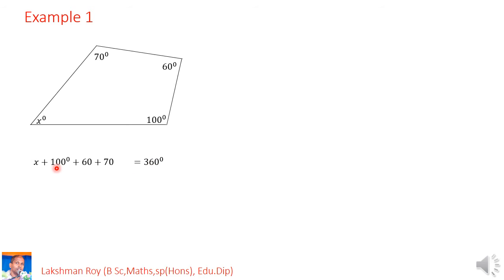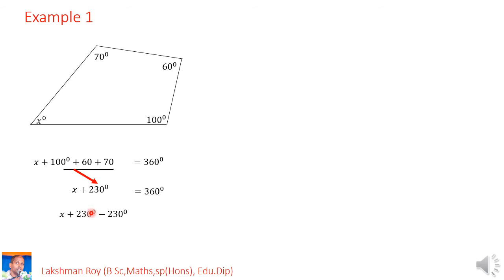Now solve this simple equation. You can see here on the left side three values are known, so we can add. x you can't add, but 100 plus 60 plus 70 degrees, then you get 230 degrees, right side 360. Now x is added to 230 degrees, so how to remove this added 230 degrees?